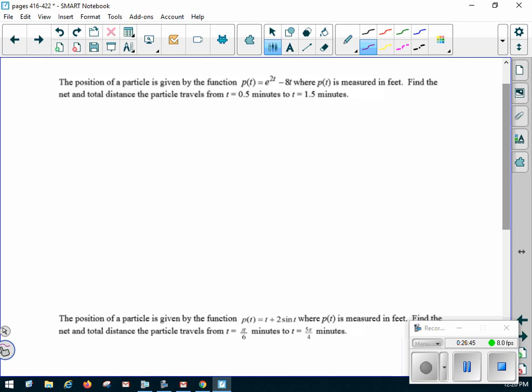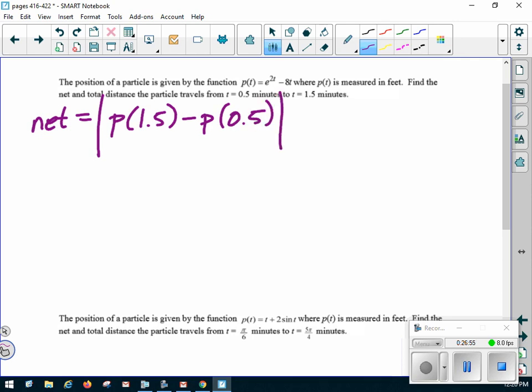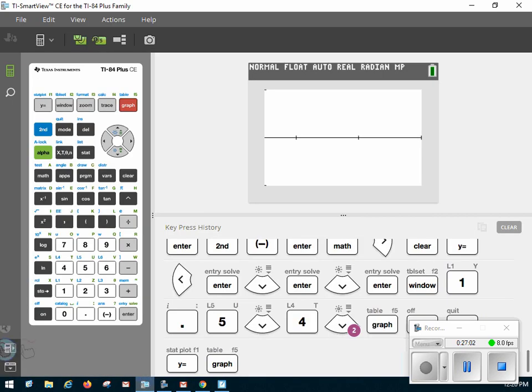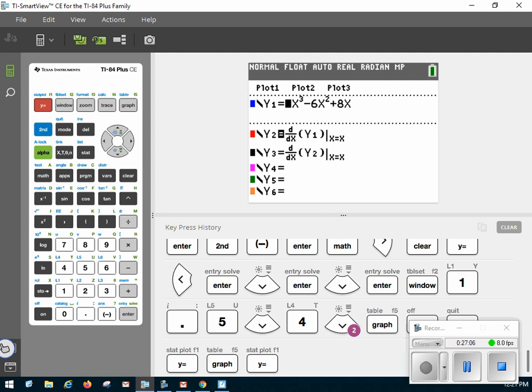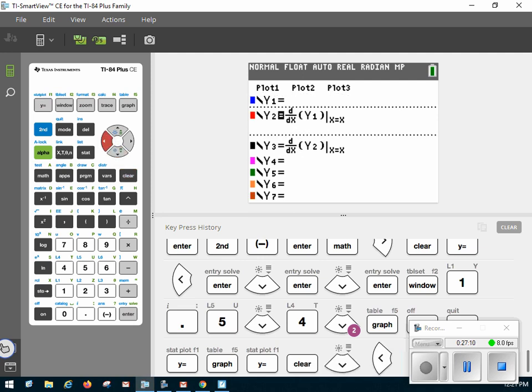All right, how am I going to find net distance? Yeah, just like that. Clear. I don't want that one on right now.